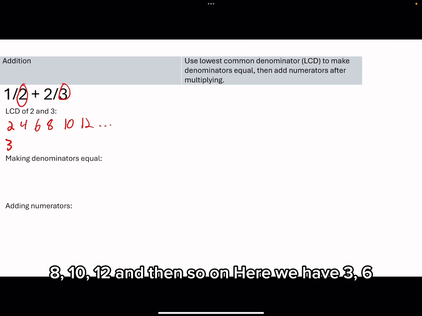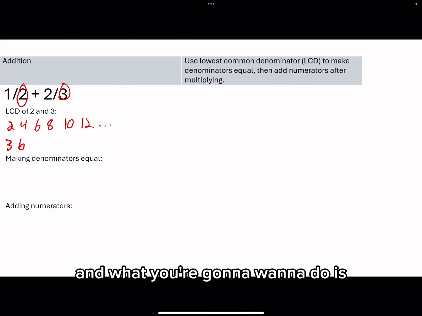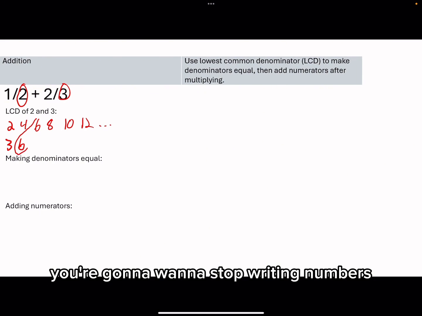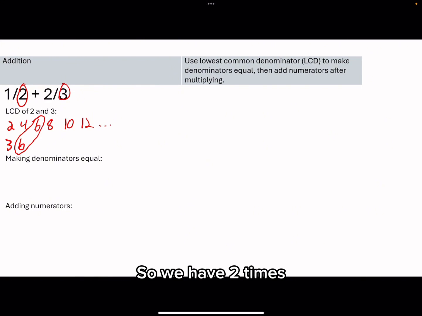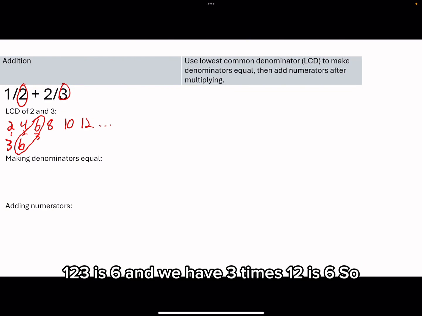Here we have 3, 6. You want to stop writing numbers when you see that a number appears in both of them. So we have 2 times 3 is 6, and we have 3 times 2 is 6.